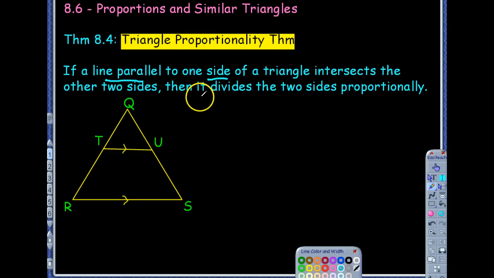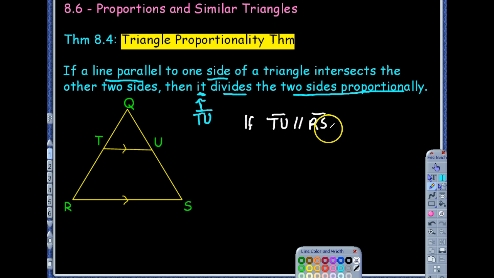Then it says it. What do you think it is talking about? Probably that line that was parallel to the side, so in this case TU, divides the two sides proportionally. Let's think about what that essentially means. If it's dividing the sides, it's obviously not talking about the side that it was parallel to, because that side's not being divided.